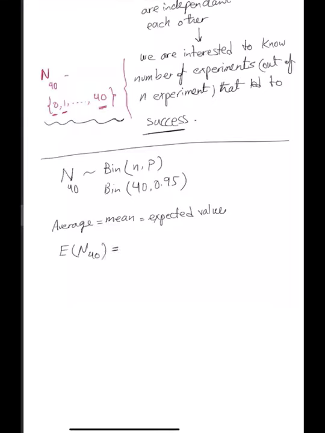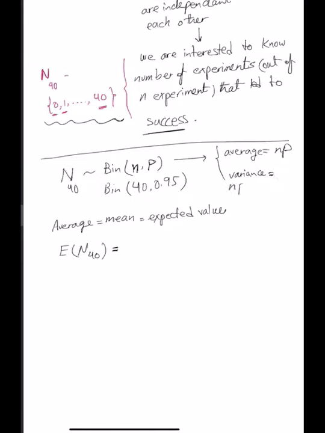Do you remember what the formula for the average is? It's np. Exactly. If I have a random variable that has a binomial distribution with parameters n and p, the average is always np. And what is variance? It's np times 1 minus p. Exactly.